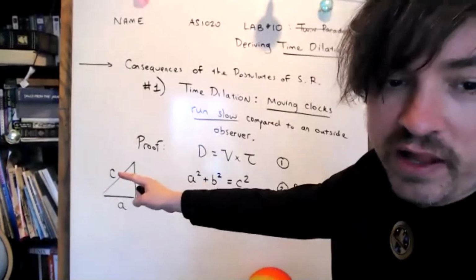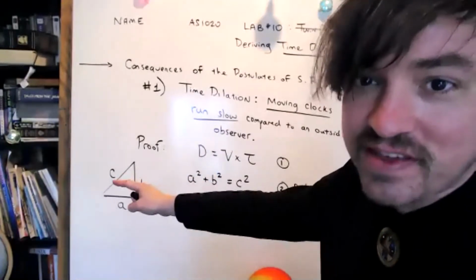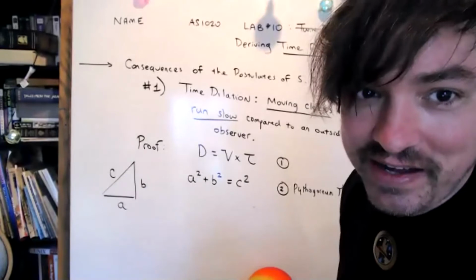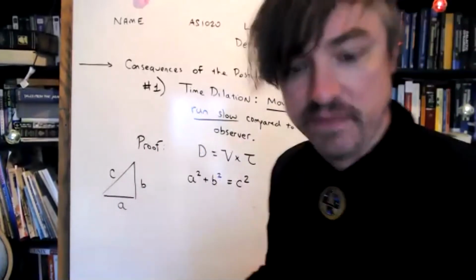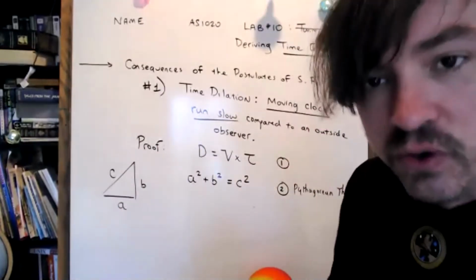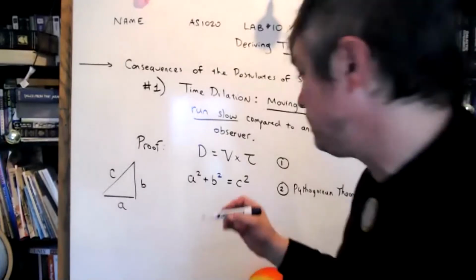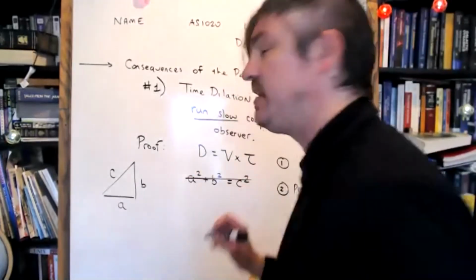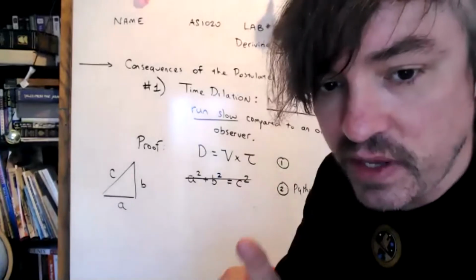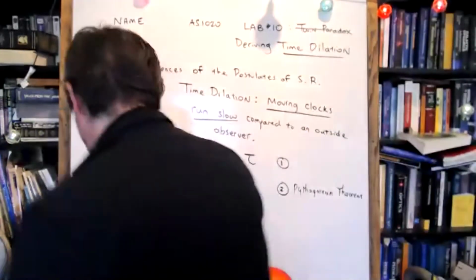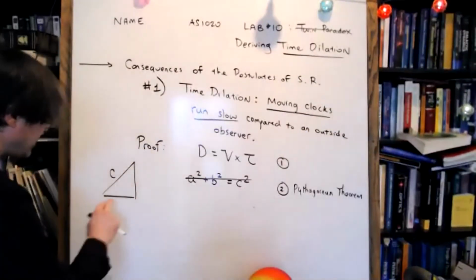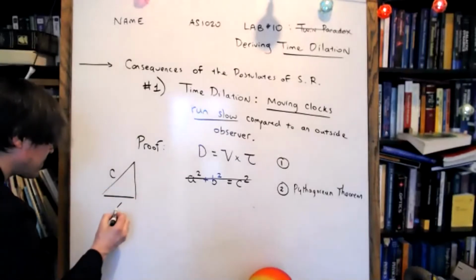Today, kids, we're going to use a change of variables. I'm sure you can all understand why I don't want to use C as my hypotenuse, right? Because up to now, we've been using that for the speed of light. You know what I think is a cooler way to represent the Pythagorean theorem? And by the way, it's deeply connected to the study of relativity. Let's, instead of using A and B, let's call this leg the X coordinate.